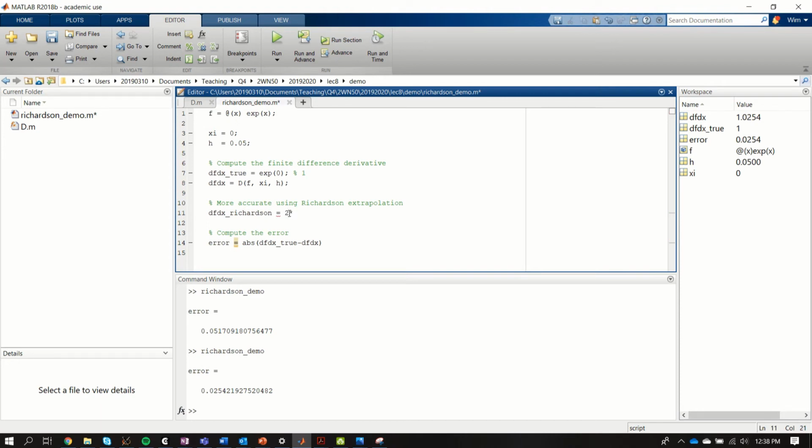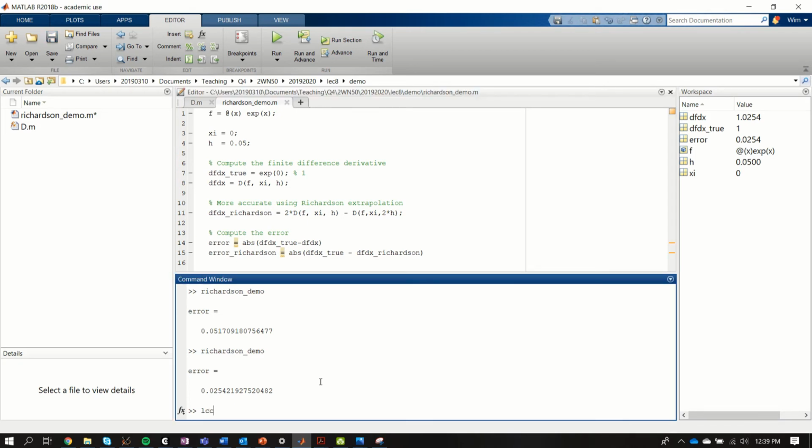We just have twice the original scheme evaluated at a grid spacing h, and we subtract the same scheme but with a grid spacing of 2 times h. And let's also then compute the Richardson error as this, and also output it to the command window.